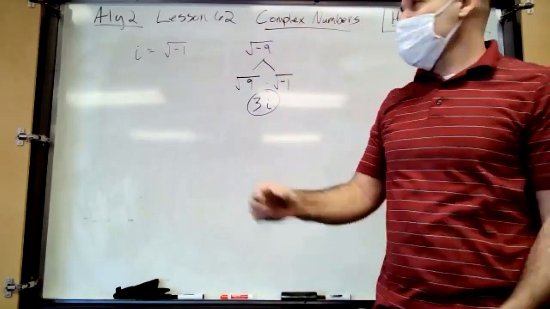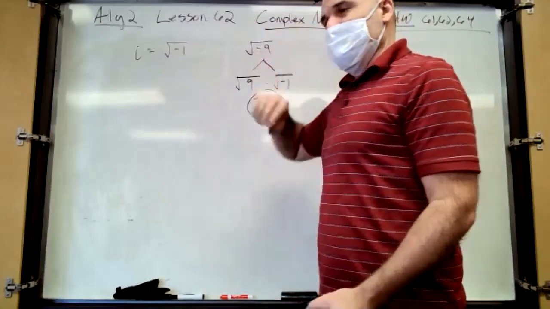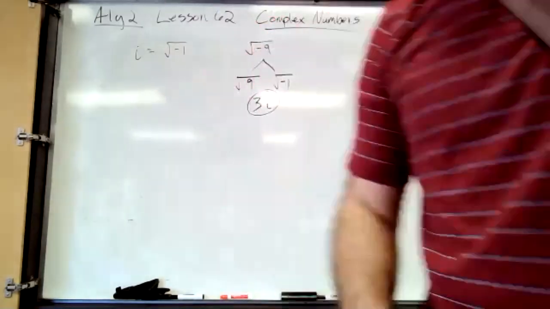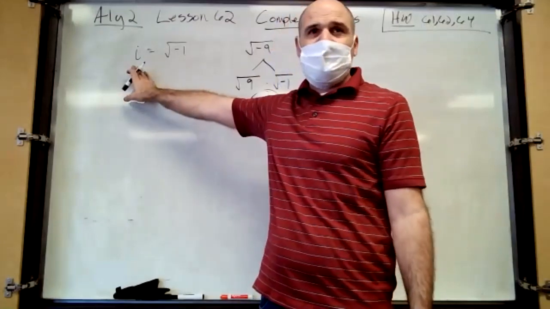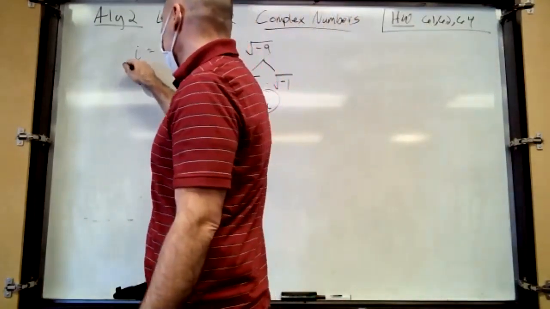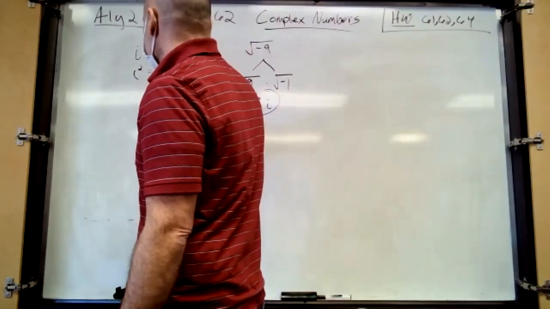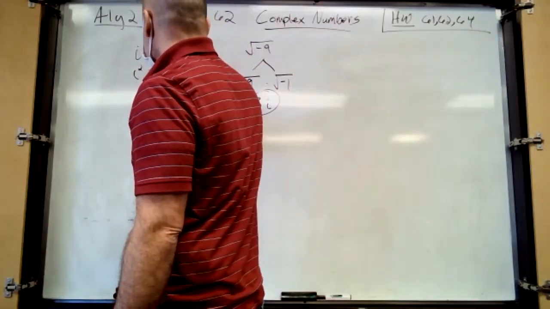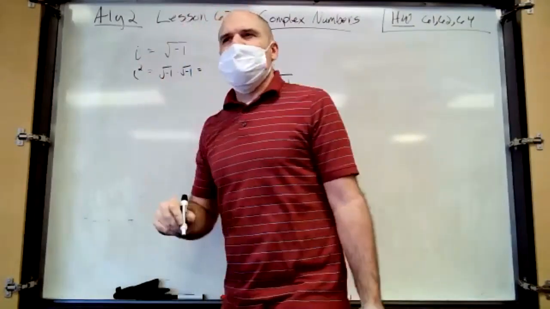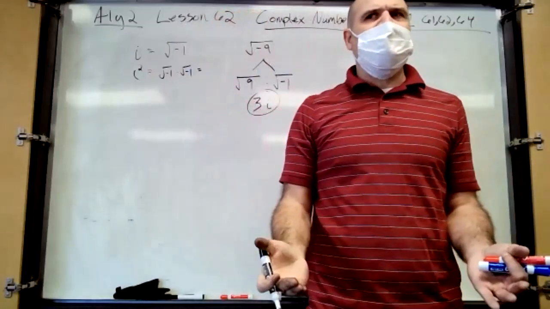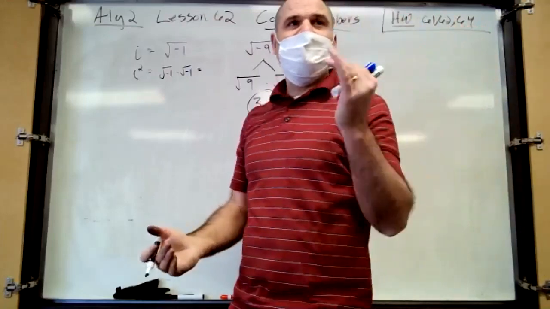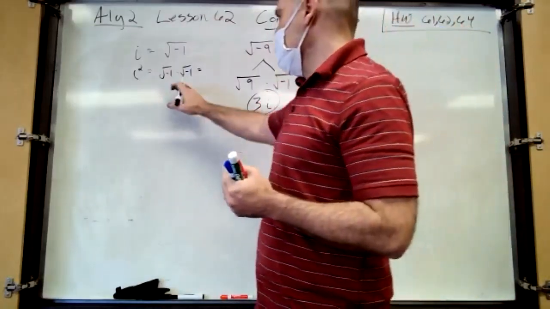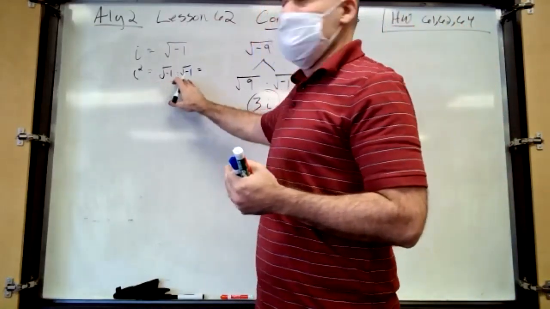That's it. I'm sure it doesn't get any more complicated in the future. It really doesn't. I mean, when you square an i, what happens? What's i squared? Well, that's just the square root of -1 times the square root of -1. What's the square root of -1 times the square root of -1? Is it just i? Well, it's just -1.